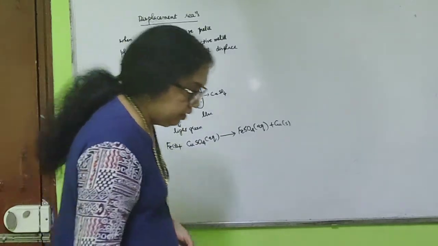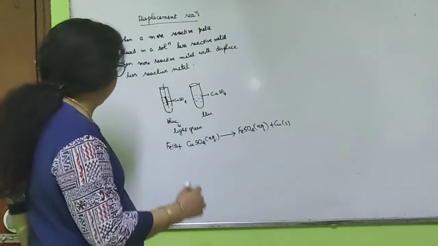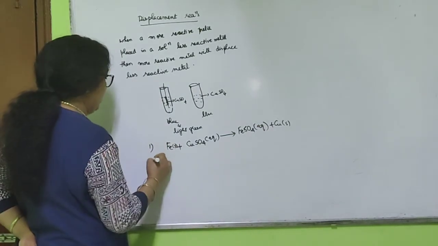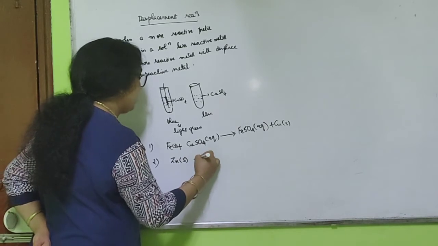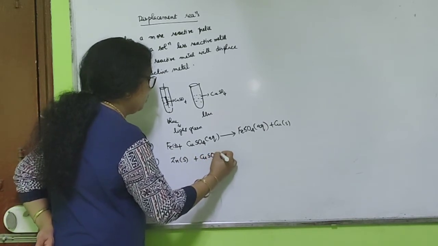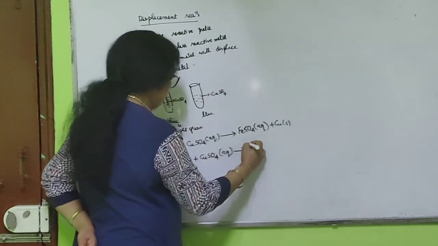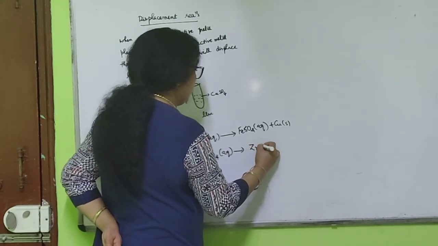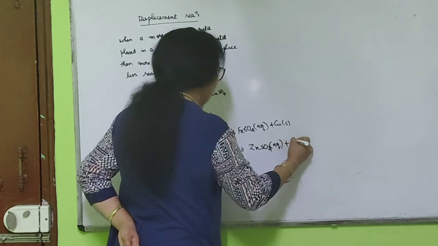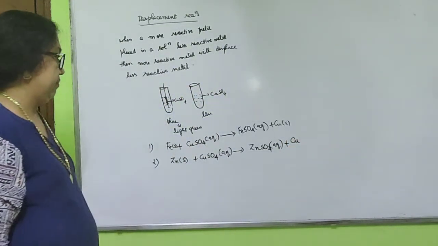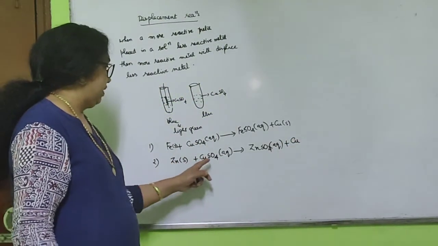Another example is zinc. This is the second example; the first was iron. Zinc metal is also more reactive than copper. Zinc plus CuSO4 aqueous gives ZnSO4, zinc sulfate solution, plus copper.